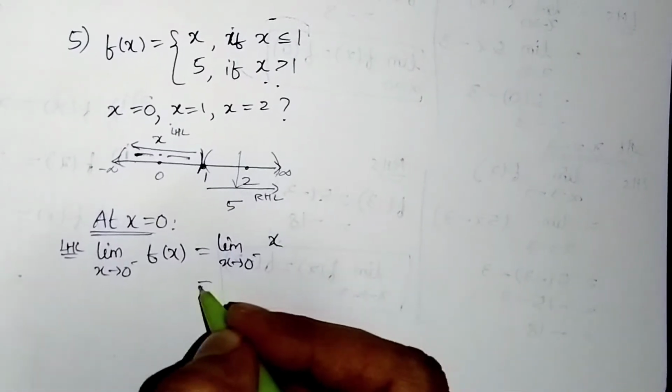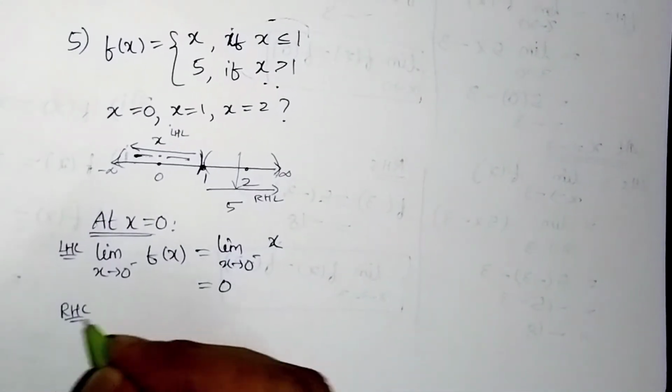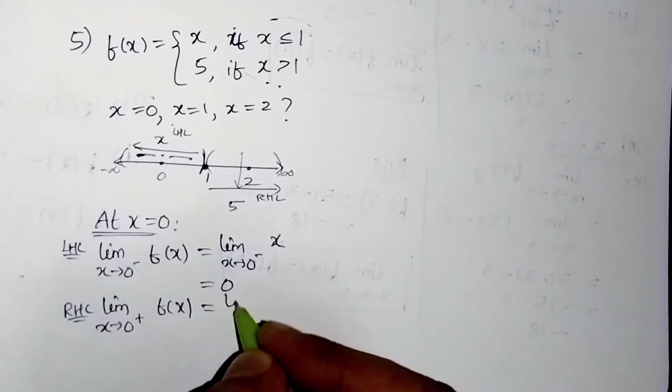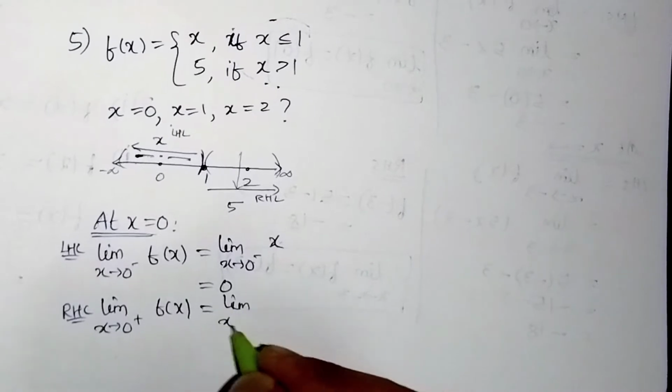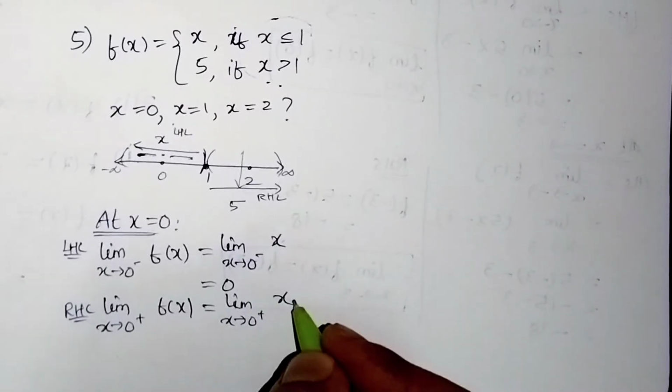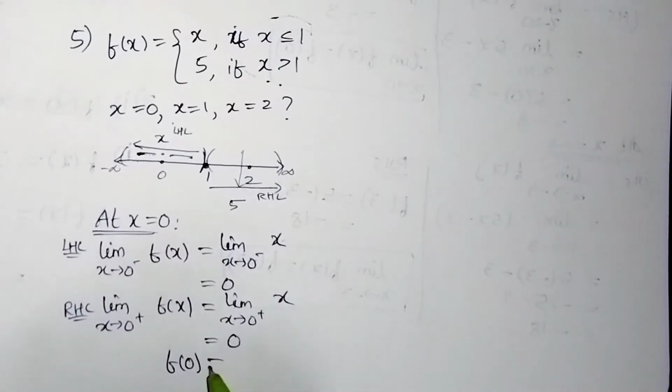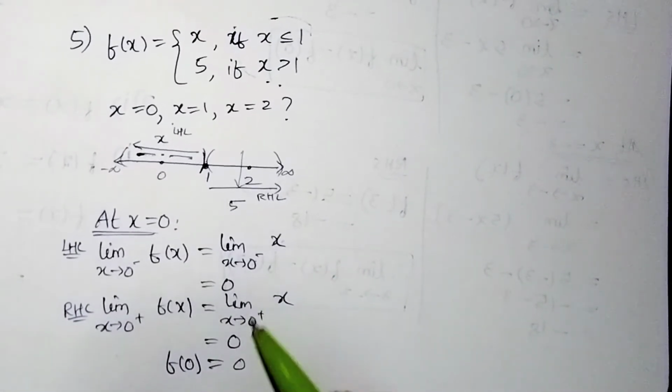Substitute the x value, it is 0. Right hand limit, the same function: limit x tends to 0 plus f of x, again when we substitute x as 0, it will be 0. And f of 0, again the same function, that is x, 0. All three values are the same.